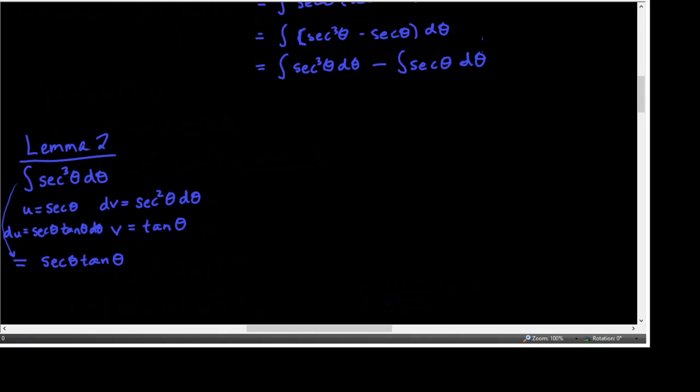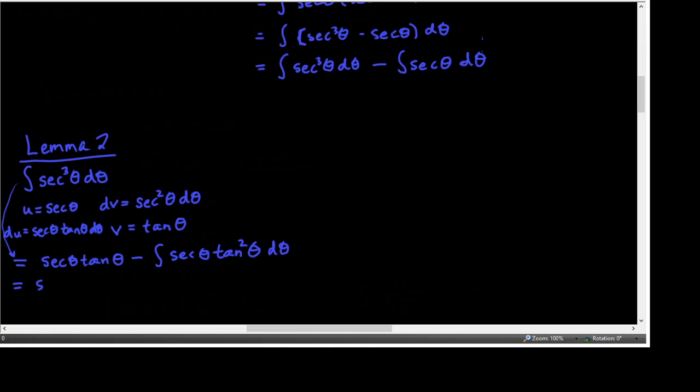So we're doing integration by parts, just to remind you. uv minus the integral of v du. I'll have tangent theta multiplied by secant theta tangent theta, which is secant theta. Tangent theta's going to be squared because there are two of them, tangent times tangent, d theta.